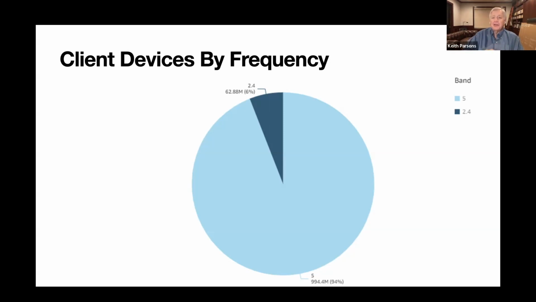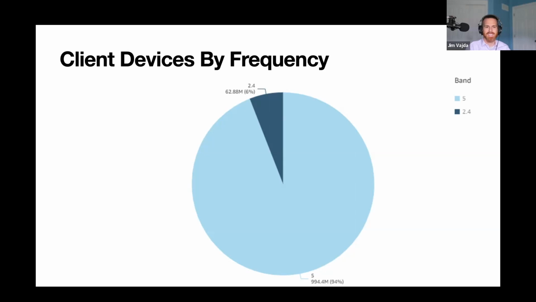This is a good direction. There is some work from home data in here too, from people taking their work laptops home and Mobileye collecting data on their home networks too. That's where I expected to see more 2.4 gigahertz. But this is a lovely chart. I'd like to see 2.4 even smaller, maybe even 0.